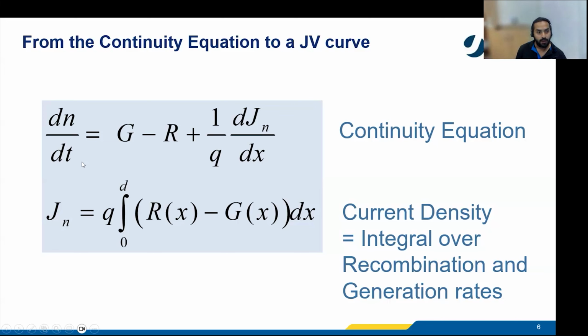Okay, and then when we measure the JV curve, of course, we want to know the steady state behavior, which means there is no change in the concentrations versus time. So this left side just becomes 0. And then we can calculate the current density J as just the integral over the difference between the recombination and generation in the solar cell as a function of position.